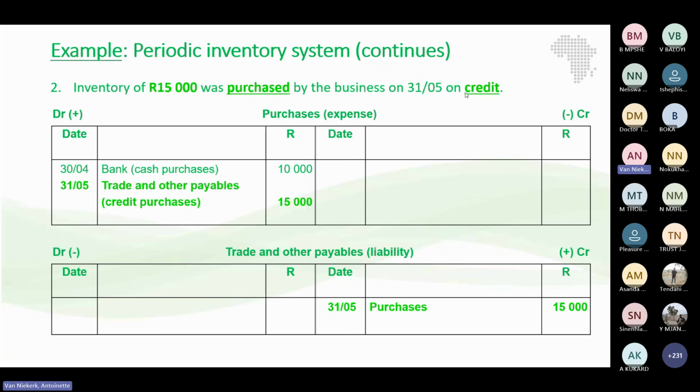So this is a liability for you. So your credit will increase in the trade and other payables account, which is a liability. Please take note, the liability increases on the credit side and it decreases on the debit side. But now, since trade and other payables increase because you increase now your debt, it will be credited.